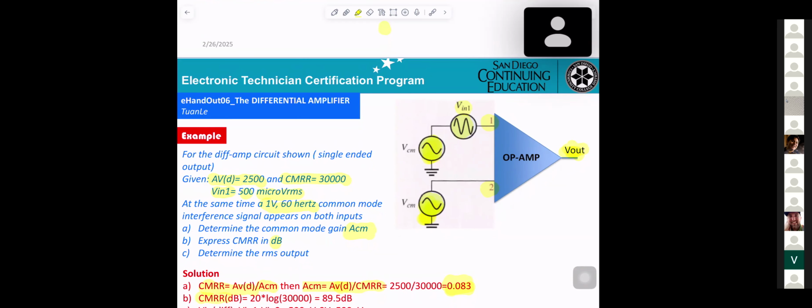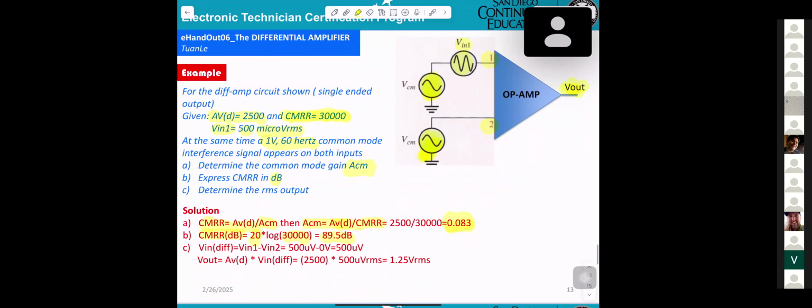And B, common mode rejection in dB equals 20 log of 30,000. That means 30,000 here. You get 89.5 dB. Then V in differential equals V in 1 minus V in 2.